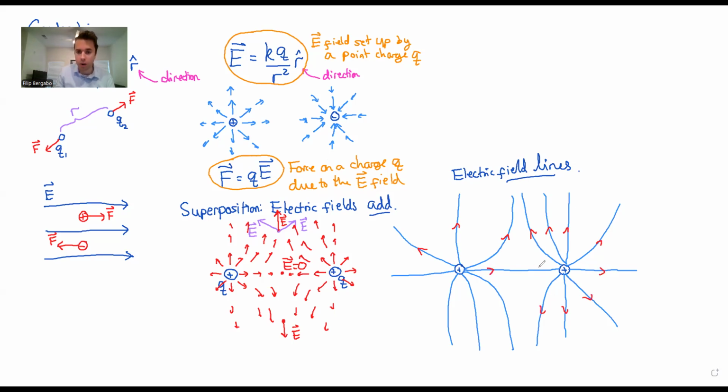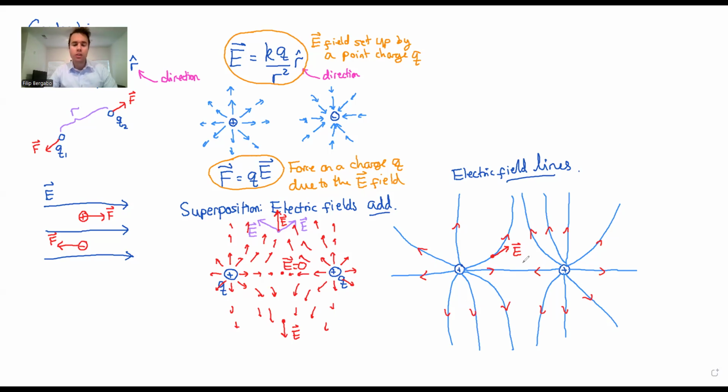So on this side, it goes that way. On this side, it goes that way. And so you can ask yourself then, at any point in space, what is the direction of the electric field? And it's always just going to be tangent to the field lines at that particular point.